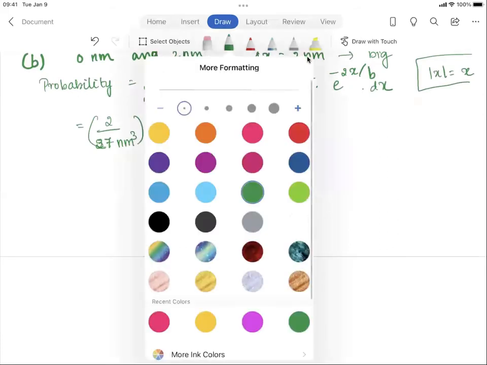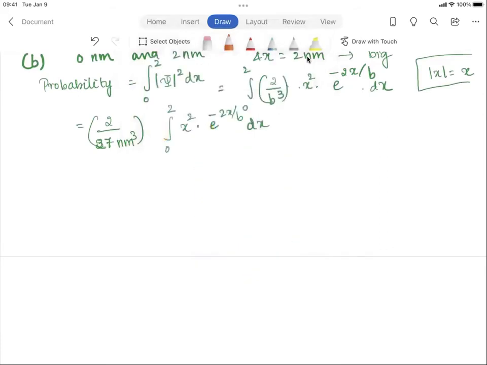I'm not going to copy down the whole thing. Now I'm just going to focus on this integral. This integral is of the form x squared e to the power bx dx.